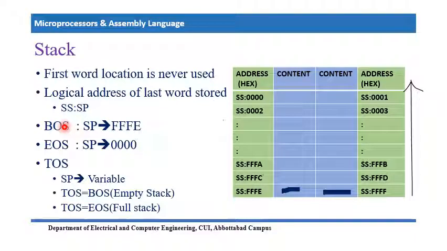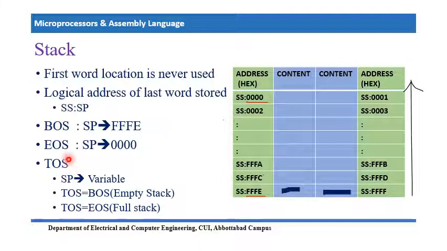The third point, which is an interesting one, is that the bottom of stack is always constant, which is this point. Let me use this. Yeah, FFFE, and it will never be used as explained in the first point. So the bottom of stack is always FFFE, and similarly the end of stack will always be 0000. So the stack pointer value will always be 0000 in hex.